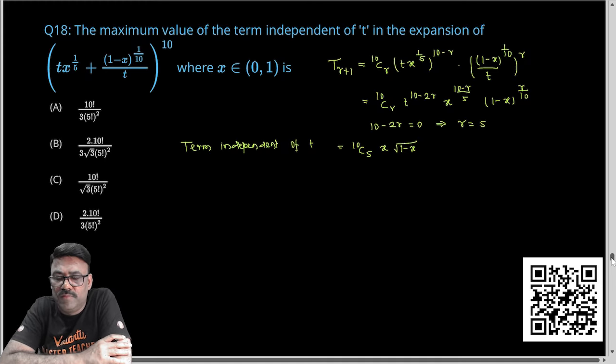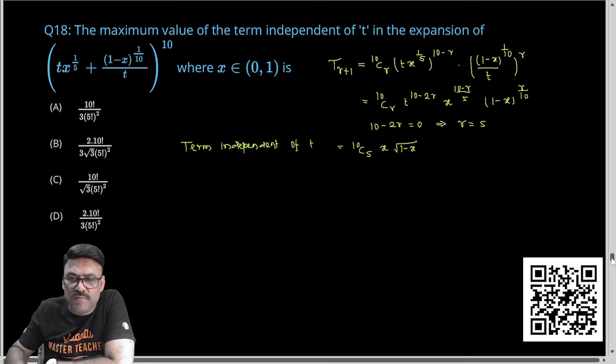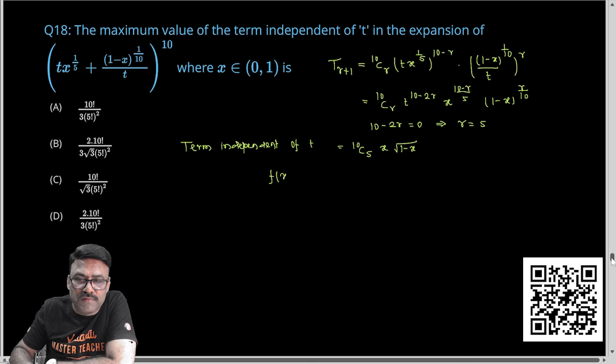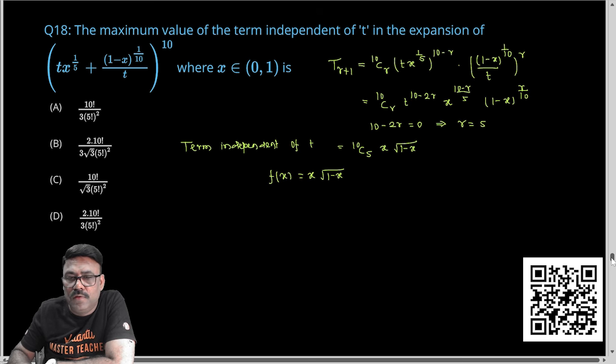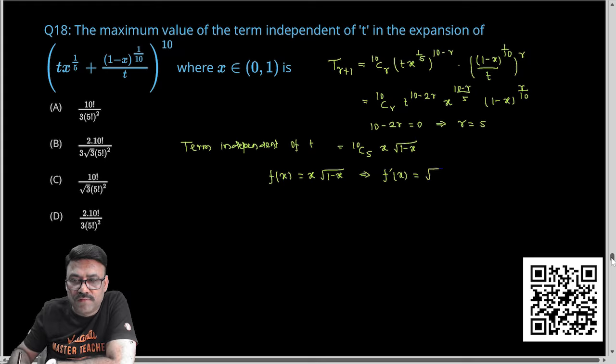What will be the maximum value of 10 C 5 x under root 1 minus x? So just try to find the maximum value of this f of x first. f of x is x under root 1 minus x. If I differentiate it to get the maximum, its derivative is under root 1 minus x plus x into 1 by 2 under root 1 minus x into minus 1.